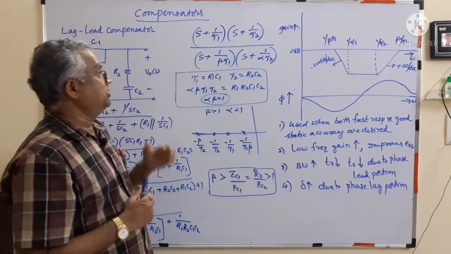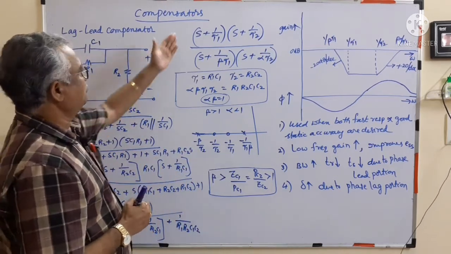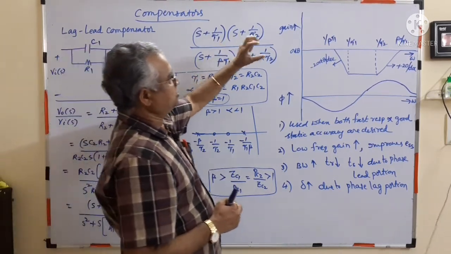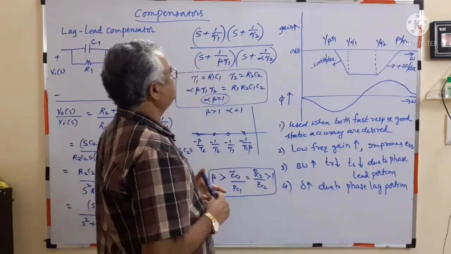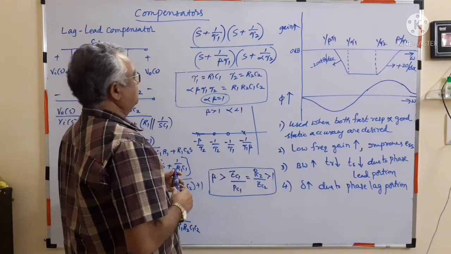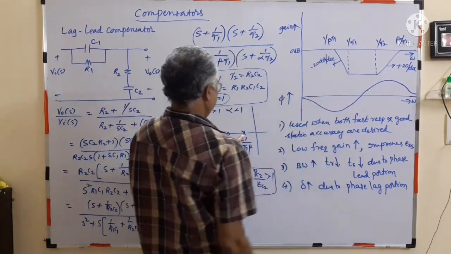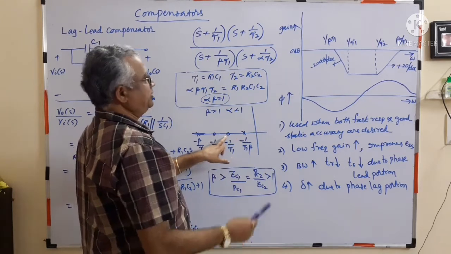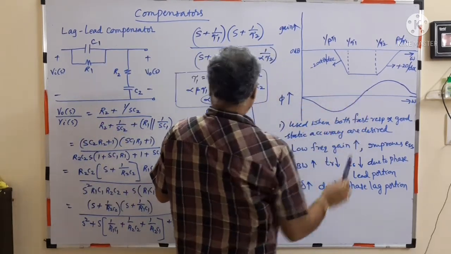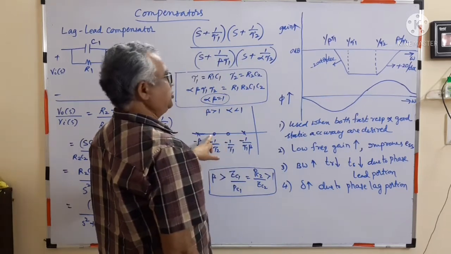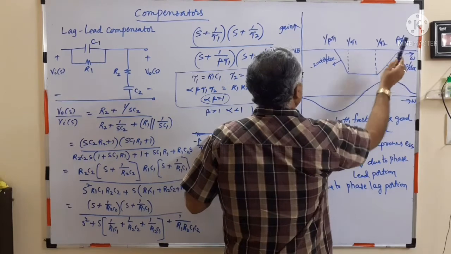Now when we draw the Bode plot, after we convert into 1 plus sT form, the constant 1 gives 0 dB. Then first we get a pole, minus 20 dB per decade. Then a zero added, minus 20 plus 20 becomes 0 dB. Then another zero added, plus 20, plus 20.